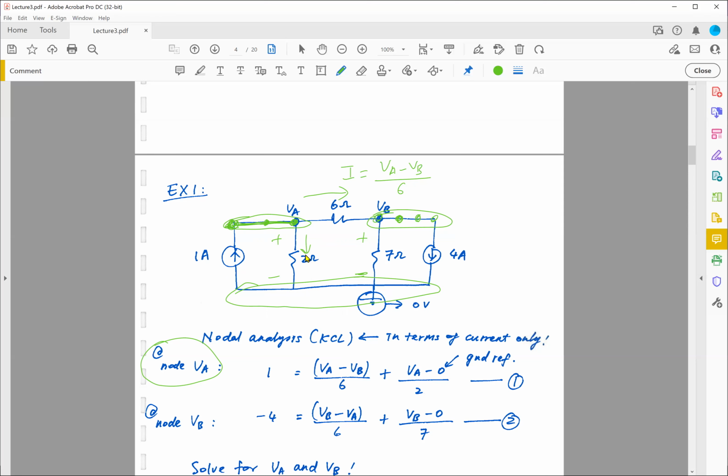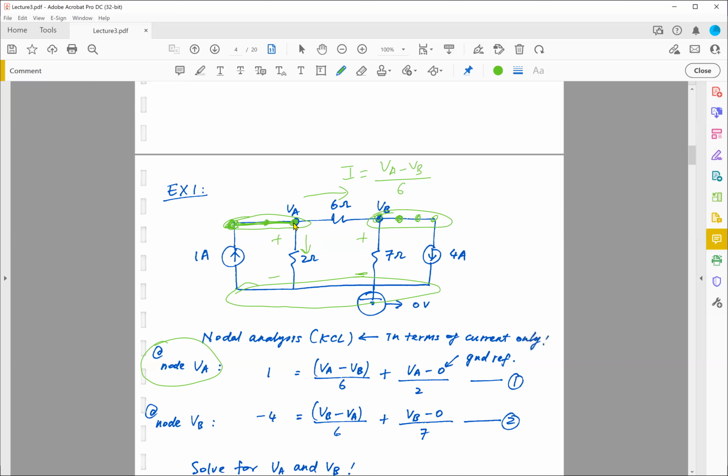So the voltage drop across this resistor is simply VA minus 0, and 0 is because I have this reference node, my ground reference, divided by 2. Again, I'm using Ohm's law. I take the voltage drop divided by the 2 ohm resistor so that I get the current going down this way. And again, this current is flowing out of the node.